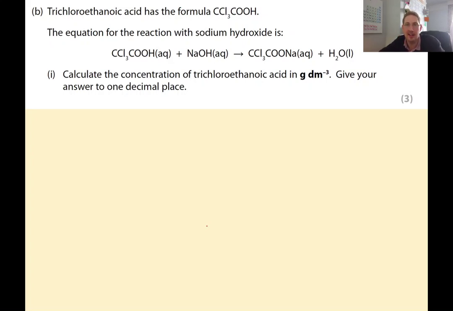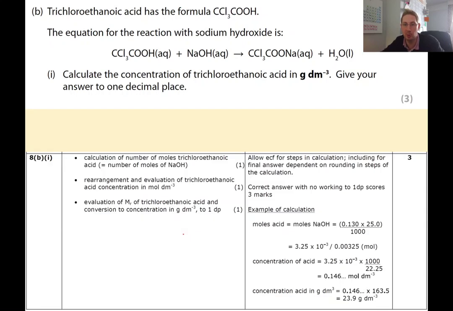Trichloroethanoic acid has this formula. Calculate the concentration of trichloroethanoic acid in grams per decimetre cubed. Give your answer to 1 decimal place. So this is a fairly standard titration question, only we've got to do a final conversion at the end into grams per decimetre cubed, and that's why it's in bold.